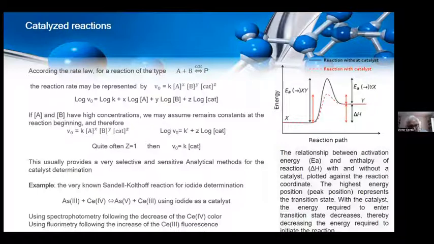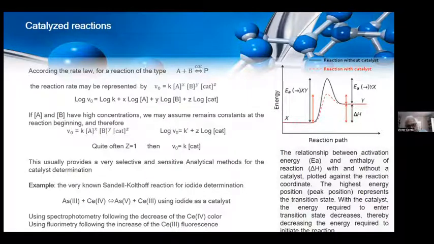This has been applied, for example, to the well-known Sandell-Kolthoff reaction to make the iodide determination using colorless arsenic 3 and yellow cerium 4, giving colorless arsenic 5 and colorless cerium 3. Then you can control the reaction speed by making the spectrophotometric measurement of the decrease of the yellow color of cerium 4.